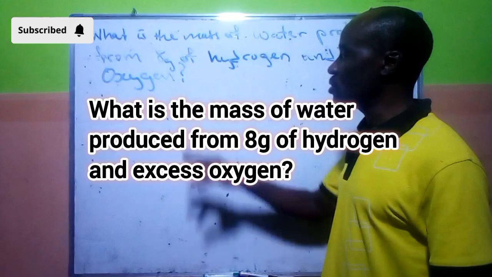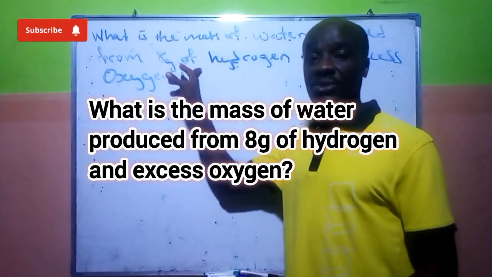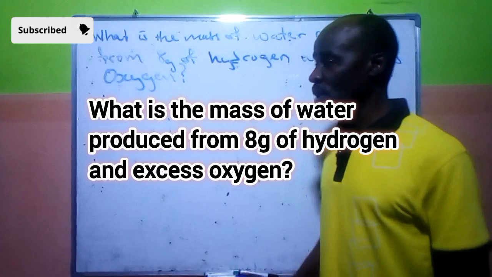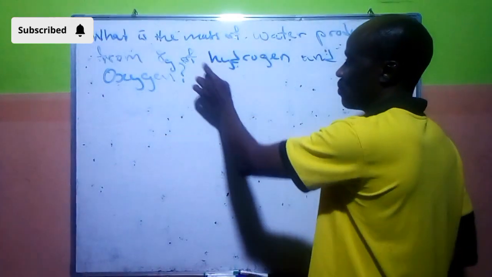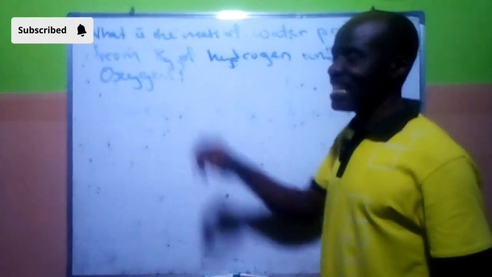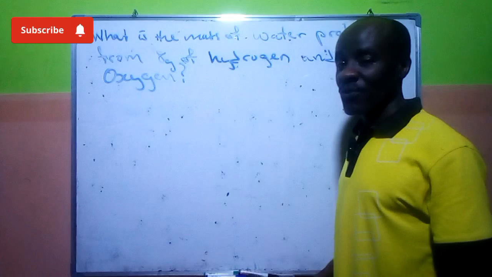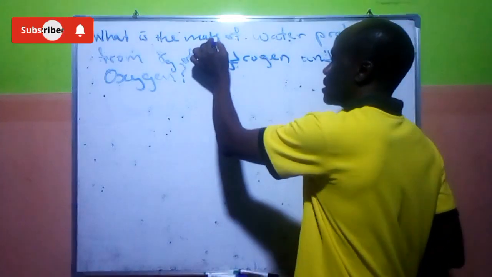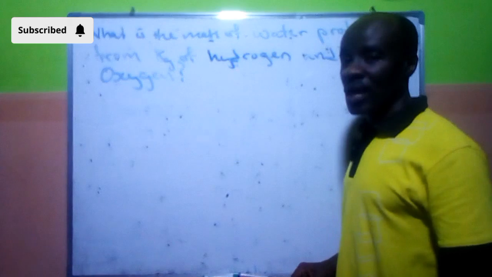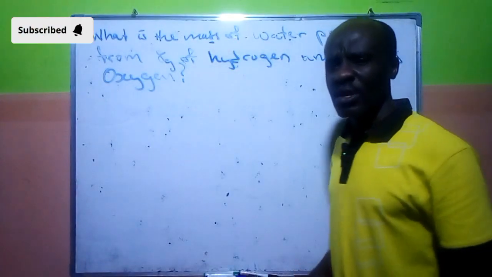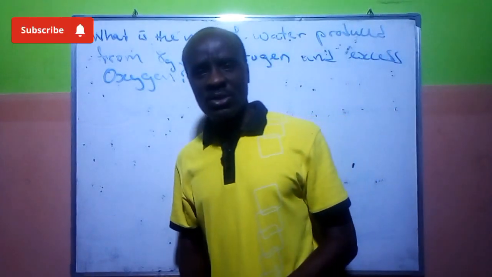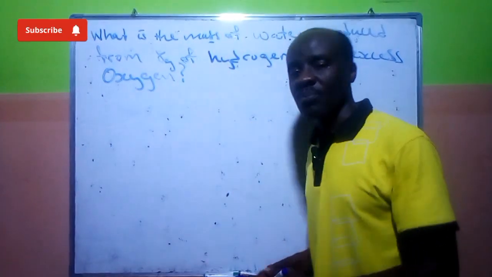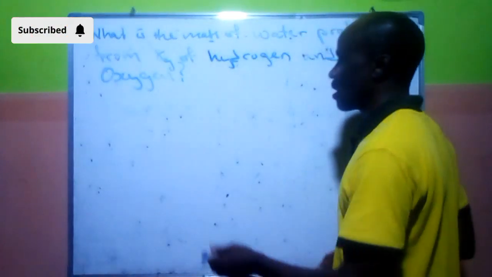So for that reason, because this is the limiting reagent, the reagent that will tell us what we are going to get, we're going to be basing our calculation on it. Since we have 8 grams of hydrogen and we're looking for the mass of water that will be produced, the first thing you do in every mass-volume relationship or stoichiometry calculation is to balance the chemical equation.